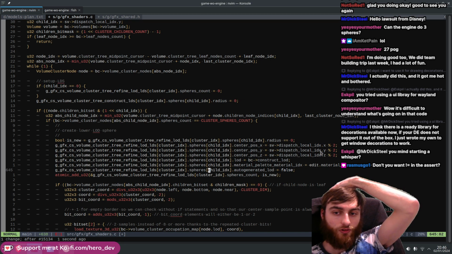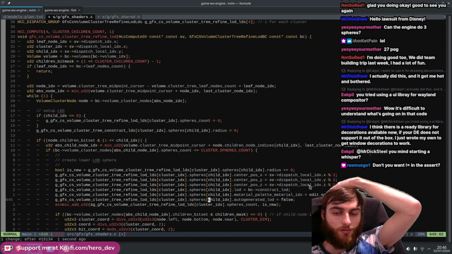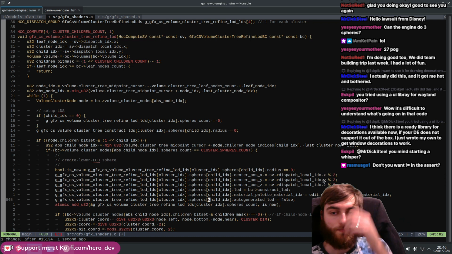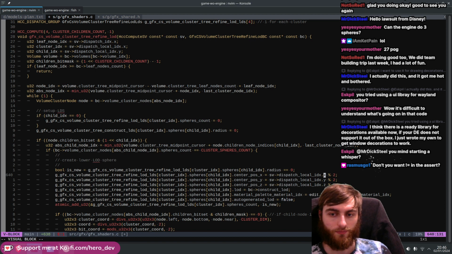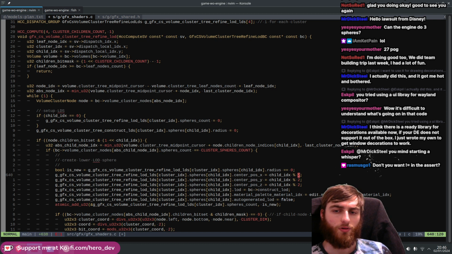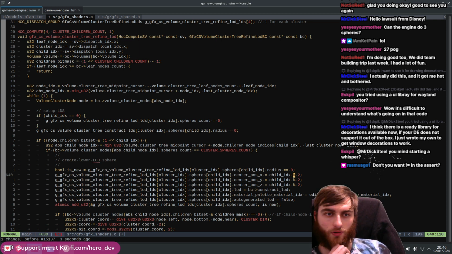Okay, so the center position. I think we just use child index. So mod 2. Wait, how do we... so child indexes go from 0 to 8, or 0 to 7.